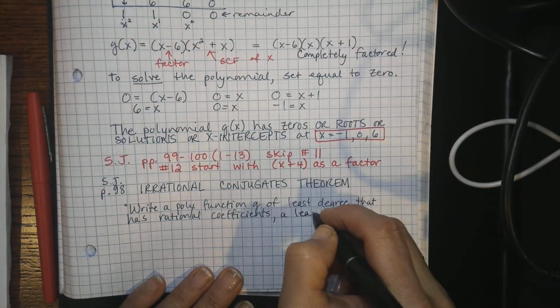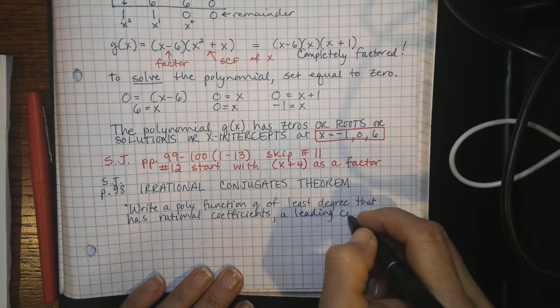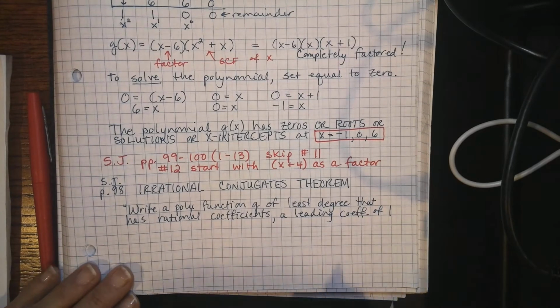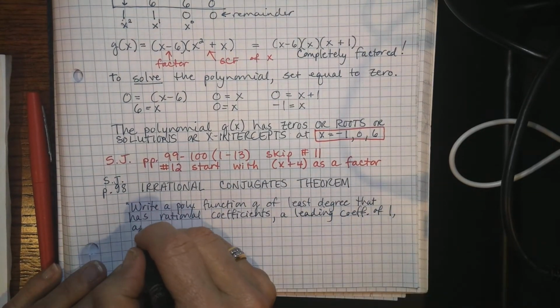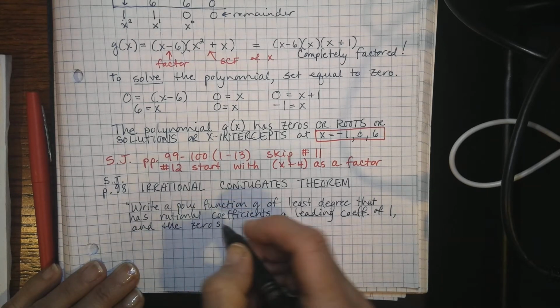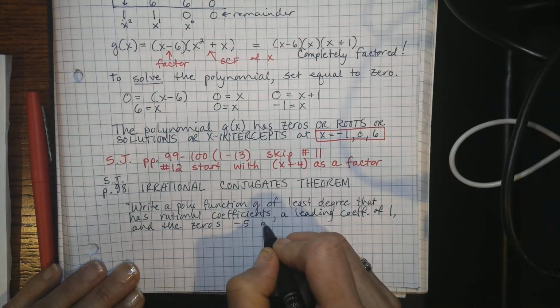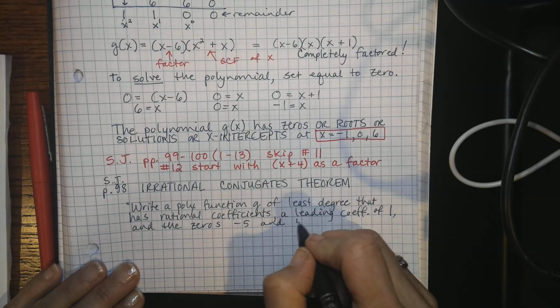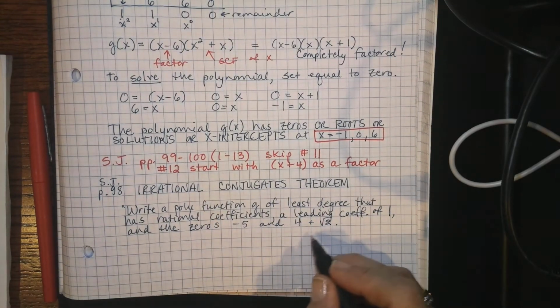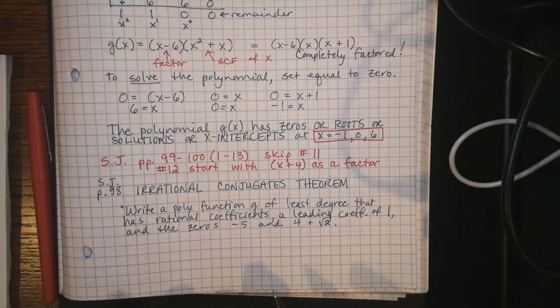It has a leading coefficient of 1, and the zeros negative 5 and 4 plus the root of 2. So whatever that number is, it's a decimal. So here's what it says.